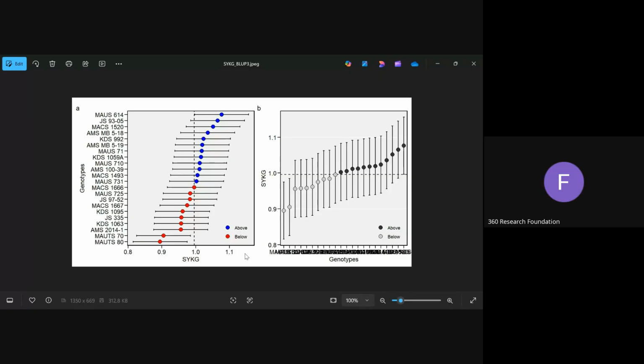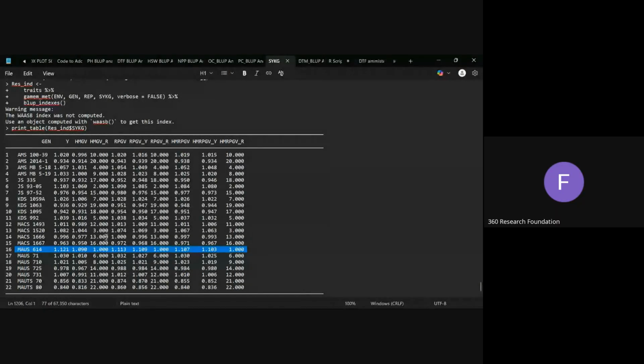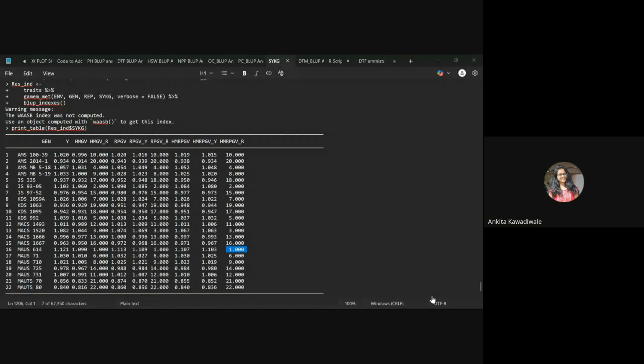Now we will see our data. Take MAUS 614 and see the ranking. This is on the basis of harmonic mean, this is on the basis of relative performance, and this is on the basis of the combined index. So the rank of MAUS 614 is first.